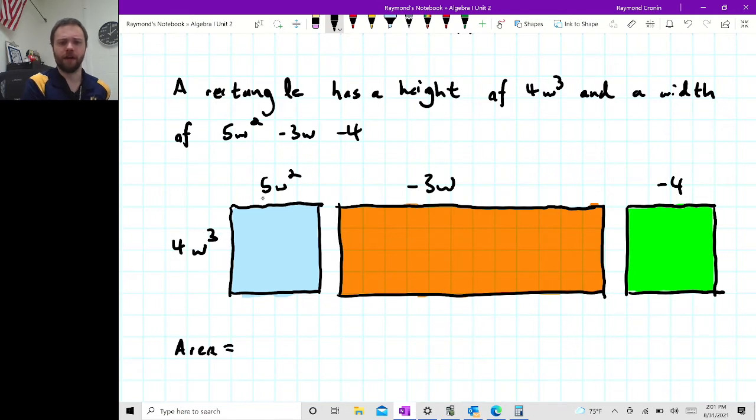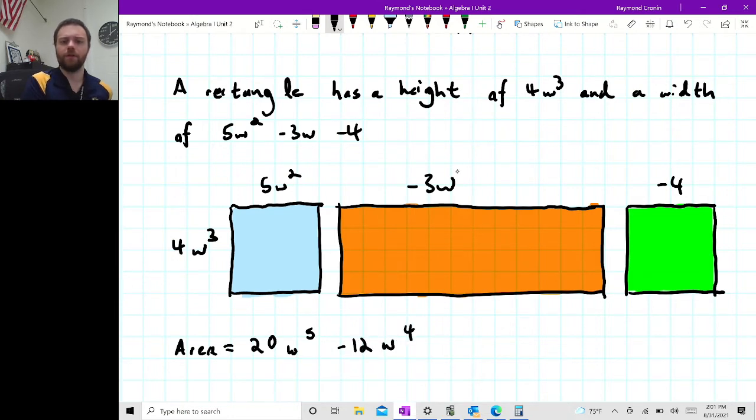So 4 times 5 is going to be 20. W cubed times w squared is going to be w to the fifth, so 3 plus 2. So 20w to the fifth. 4w cubed times negative 3w is going to be negative 12w to the fourth.